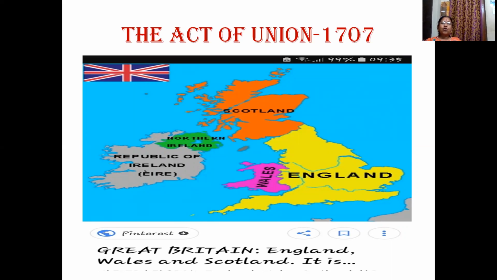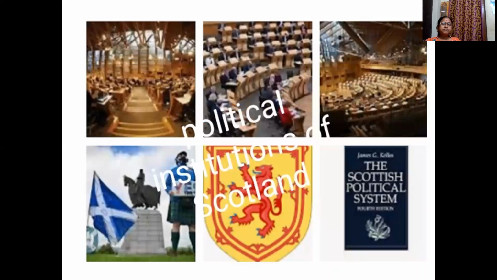Through the Act of Union 1707, Scotland was suppressed. It was carefully, in a systematic plan, incorporated into the English region. The political institutions of Scotland were suppressed.